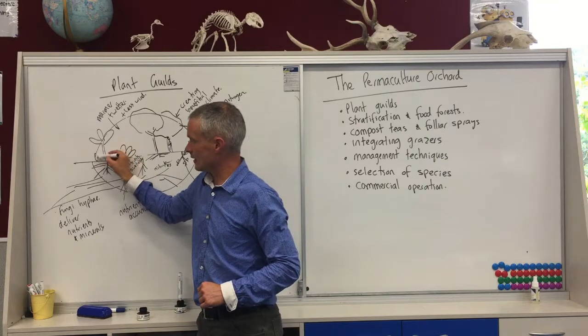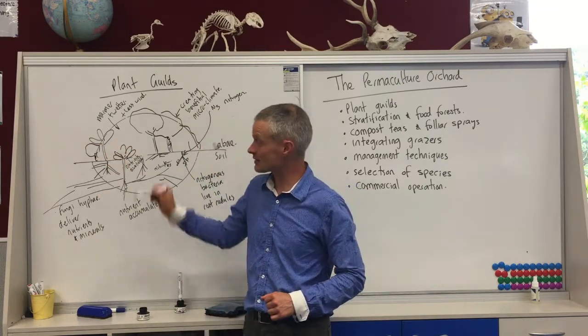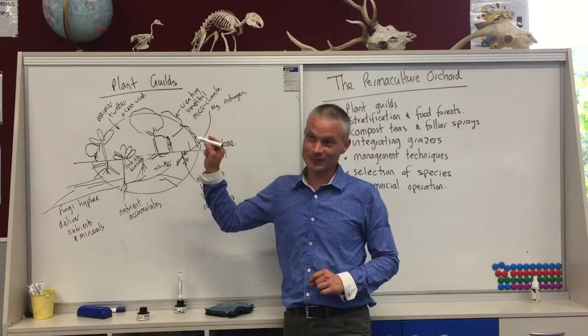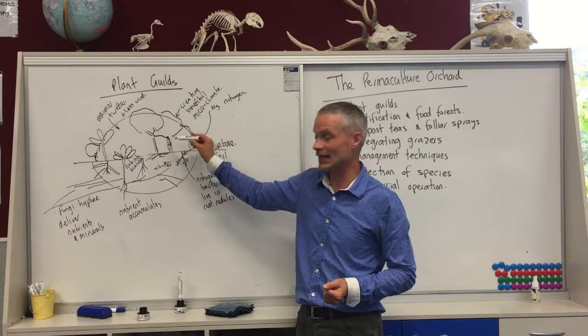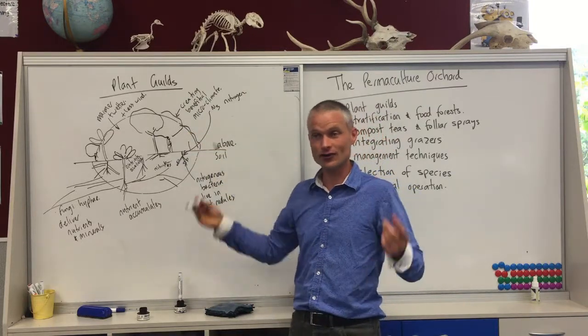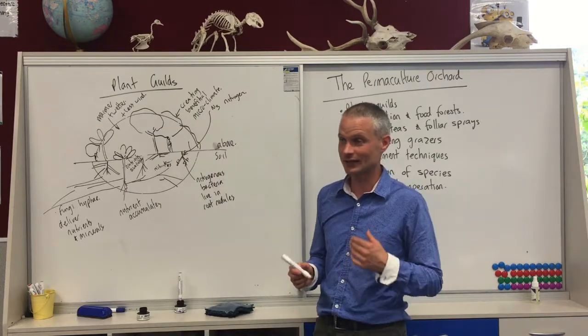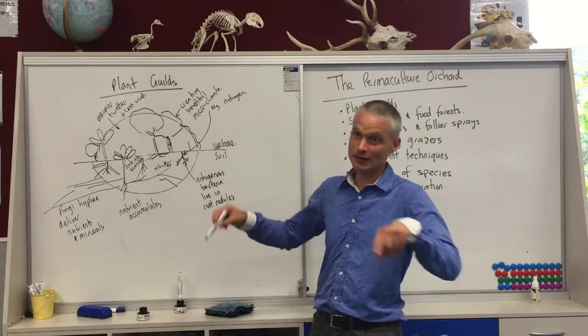There may be beneficial plants and animals that are in this system. They might not necessarily be good for all the plants because they might be eating the plants, but by eating some of the plants and then returning a lot of those nutrients back into this ecosystem in their feces or their poos and wees, they are making those nutrients available to the other plants in the system.